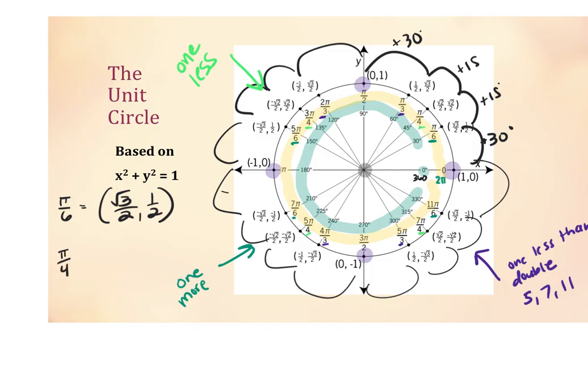The over 4 is the one in the middle, and that is root 2 over 2 and root 2 over 2. The over 4 is your 45 degrees, so hopefully that makes sense, because a 45, 45, 90 triangle is isosceles, so they would be the same. And the last one is your over 3, and every over 3 is the reverse of your over 6: 1/2 and root 3 over 2.